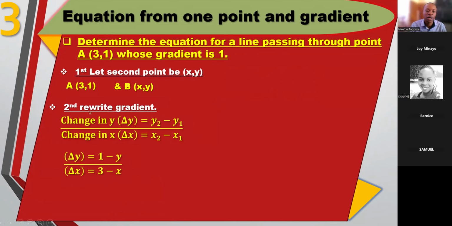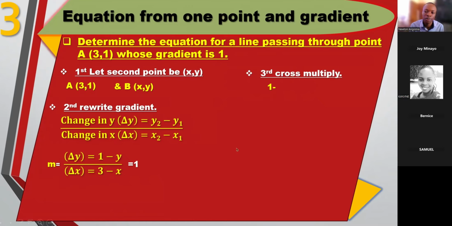So we're going to take the coordinates that we've been given minus the coordinates for the other assumed point. So 1 minus y all over 3 minus x. Okay? So we equate it. We already know the gradient is 1. So that expression or equation is for calculating gradient.